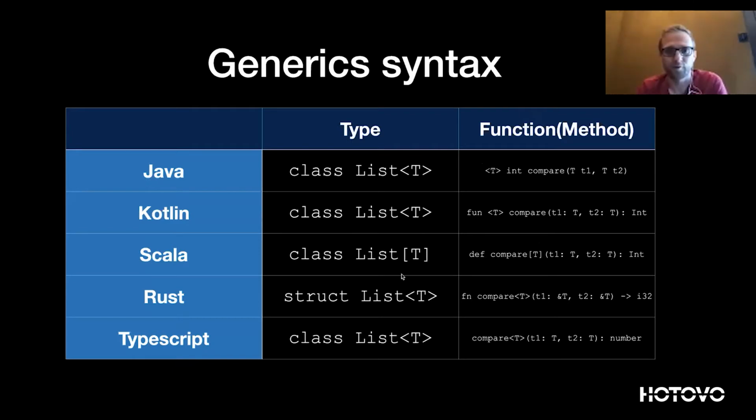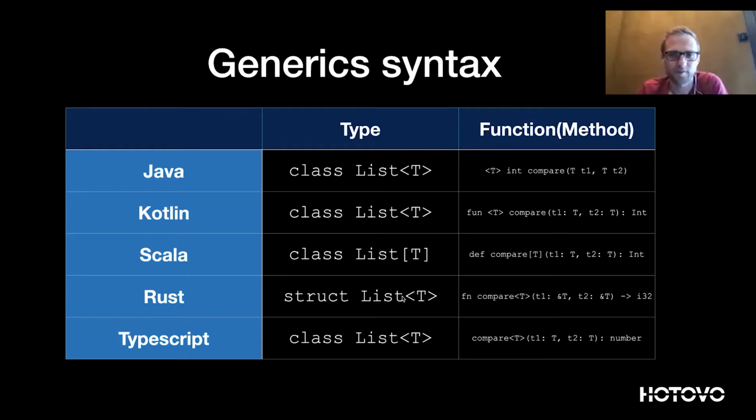So it's quite interesting that, for example, when we declare a generic class, here in this example it's List, and the type parameter is in angle brackets. The declaration is the same in Java, Kotlin, and even TypeScript. Scala decided to use square brackets instead of angle brackets.